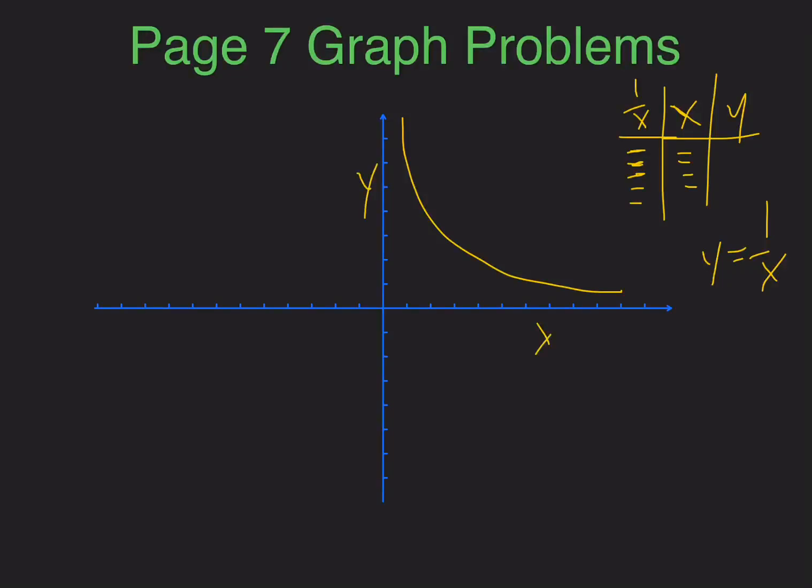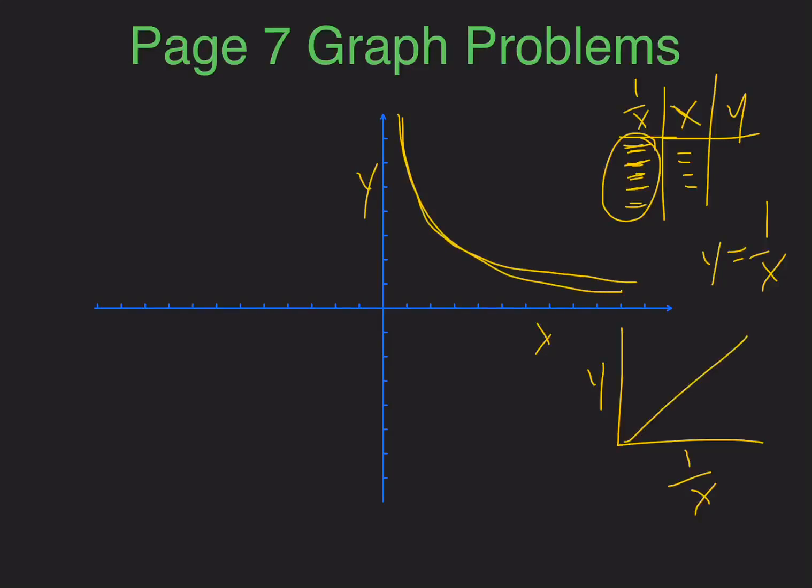But we'd regraph it, and we'd have y on here, and whatever this 1 over x column is for our x. We pretend these are now our new x values, but they're 1 over x. And if we do that, and this was indeed an inverse relationship, it'll now be a linear line.